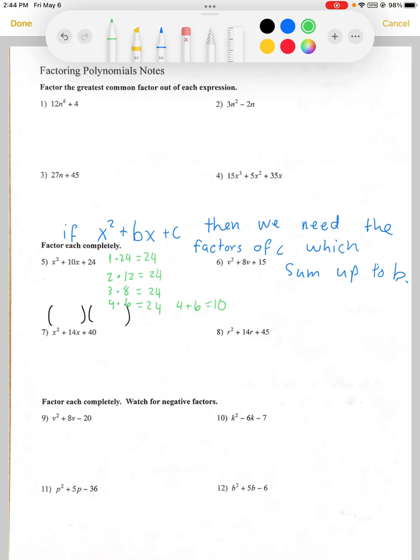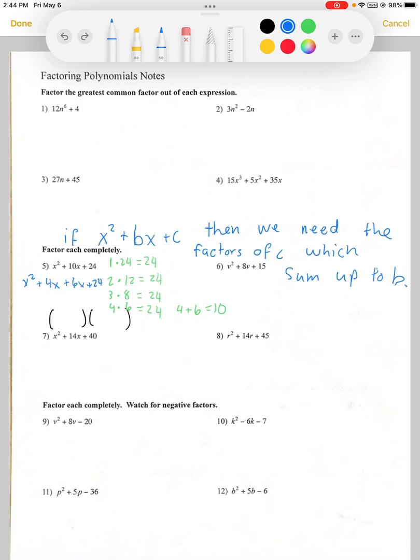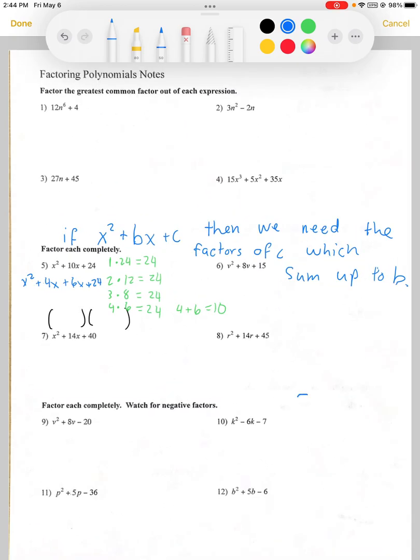So therefore, we can rewrite this as x squared plus 4x plus 6x plus 24. We could combine these terms to make 10, which is essentially, if you think about the last step that we did on the previous problem, we're just doing that in reverse.